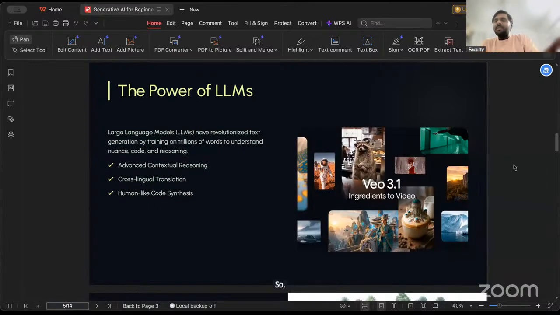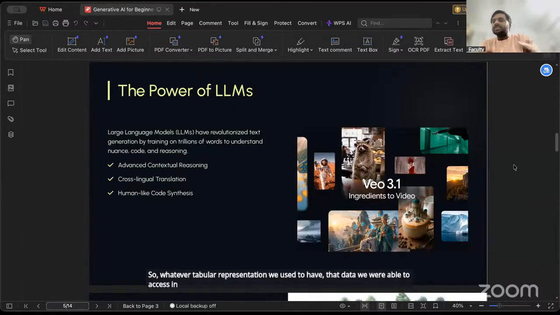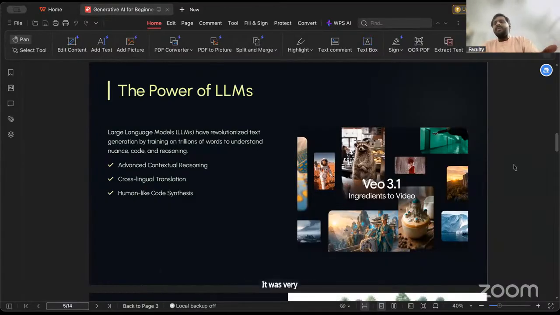So whatever tabular representation we used to have, that data we were able to access and store in the structured format. And for training that, it was sufficient to have basic encoding techniques. We were basically having embedding techniques.